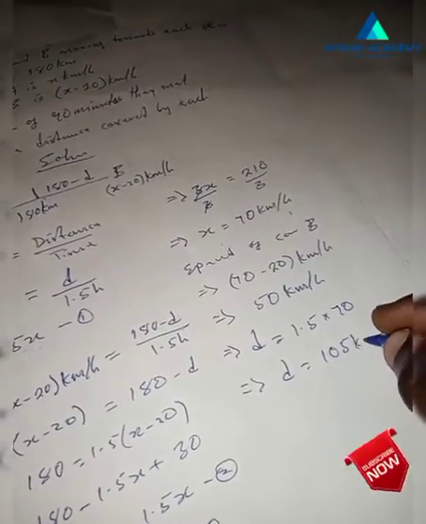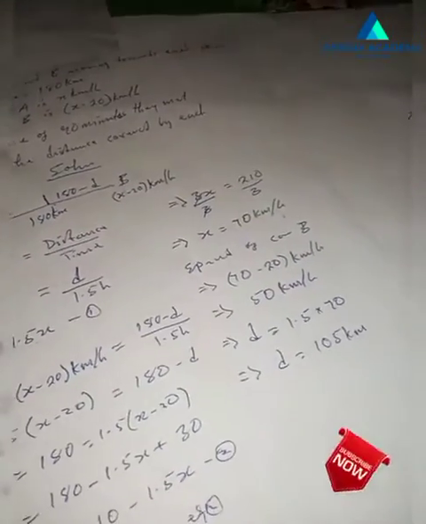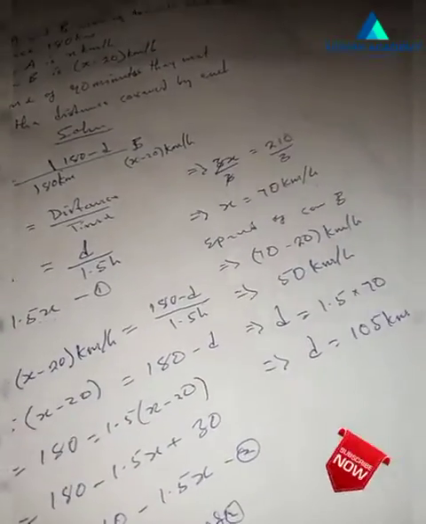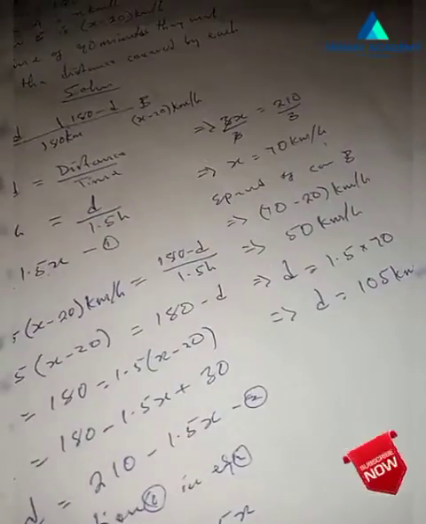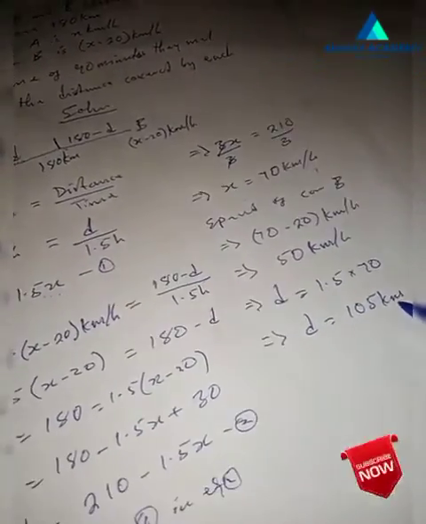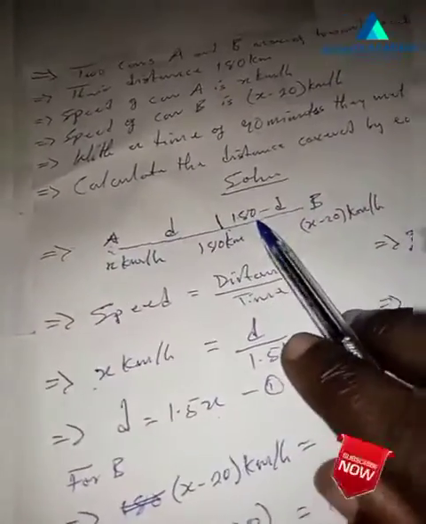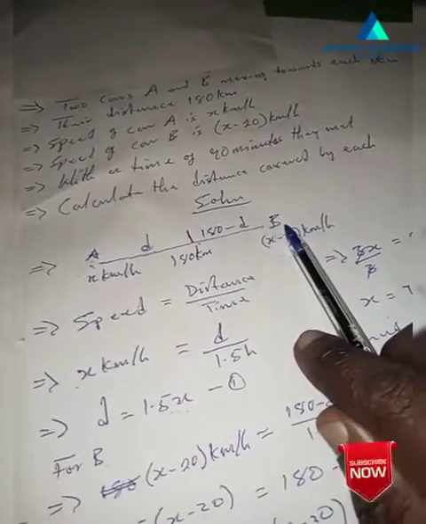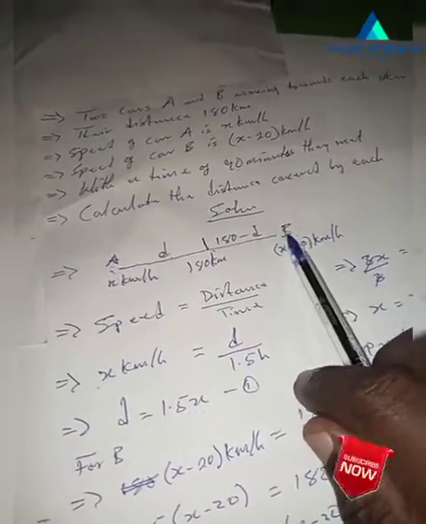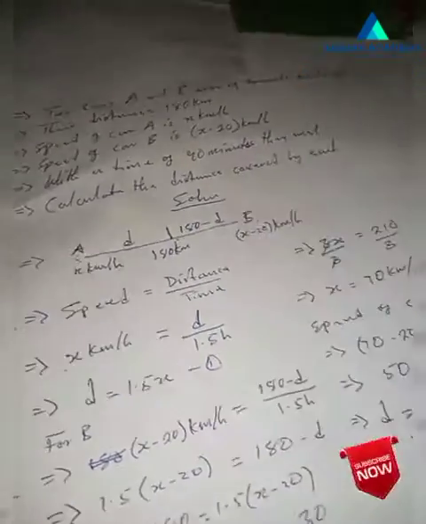So 105 kilometers. So meaning that car A covered a distance of 105 kilometers. Knowing D to be 105 kilometers, we can then find the distance covered by car B. We know that distance covered by car B is 180 minus D.